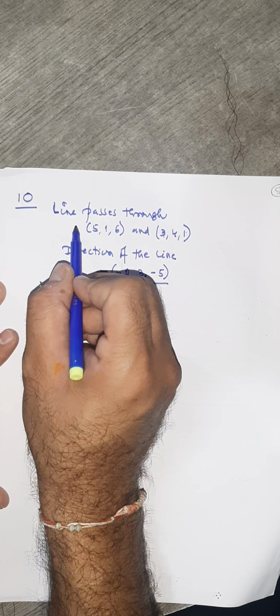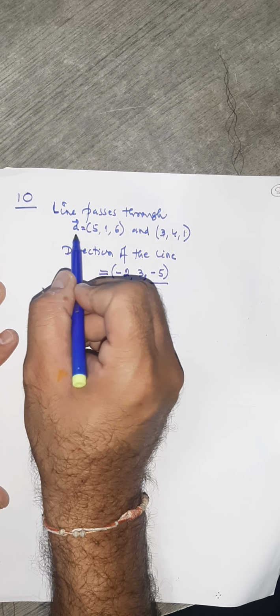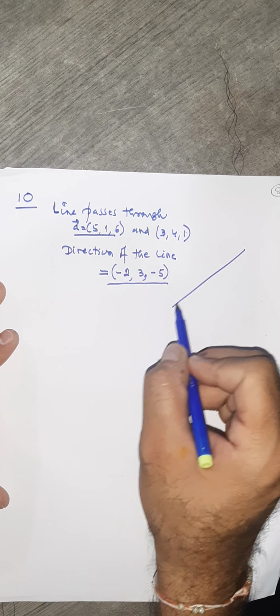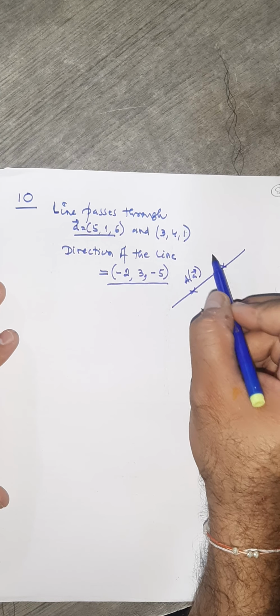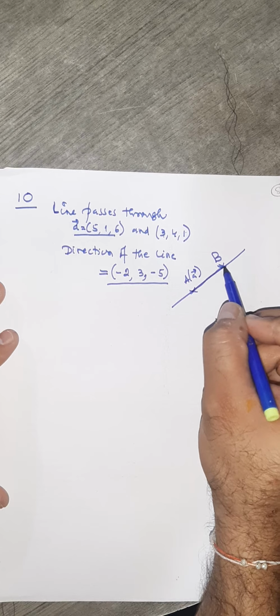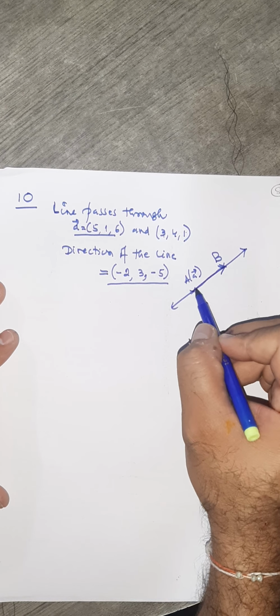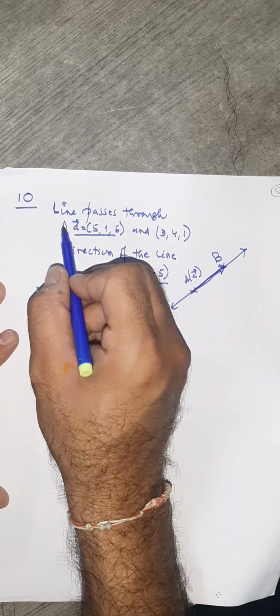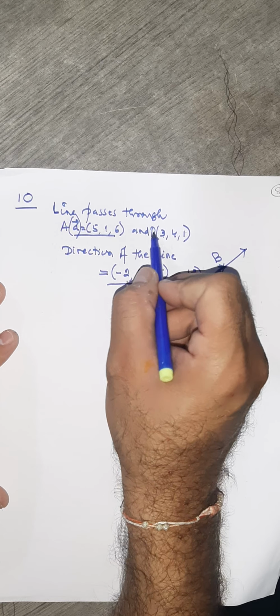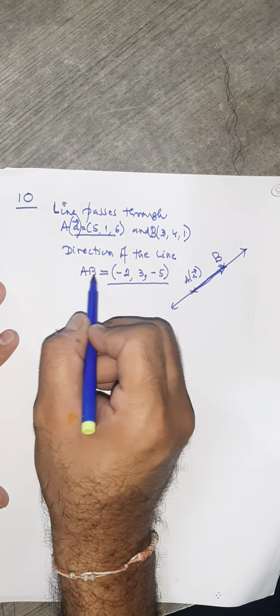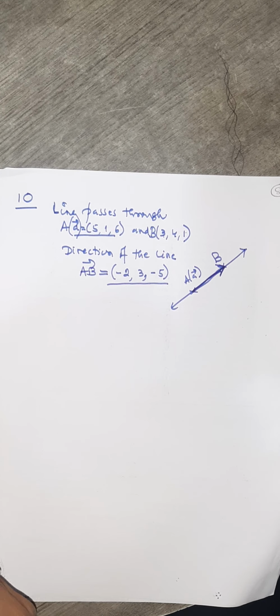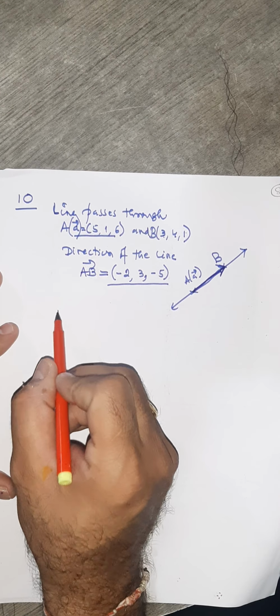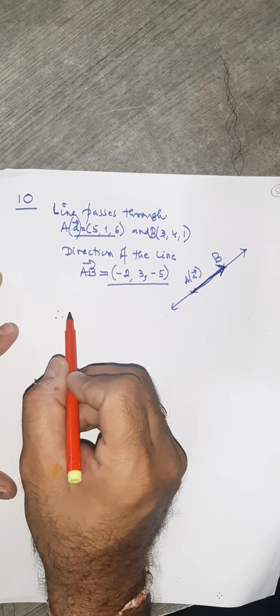You can take this as a fixed vector A, remember. The line passes through these two fixed points. This represents the direction of the line here, vector AB. You can call this A and this B. So this is just vector AB, the direction of this line. So we have the equation of the line.